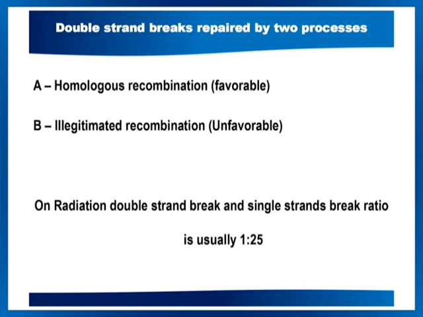On radiation, the single-stranded to double-stranded break ratio is usually between 1:25. Means single-stranded break happens more readily than double-strand break in DNA.